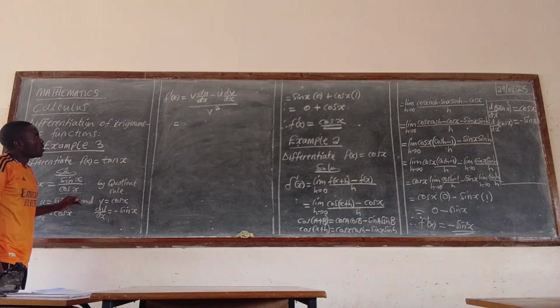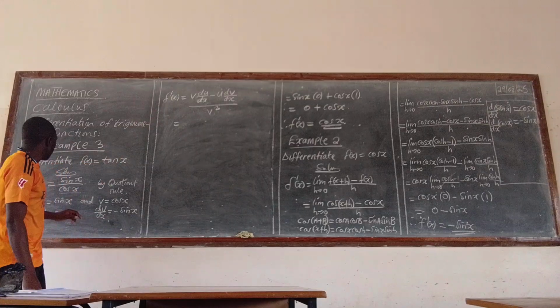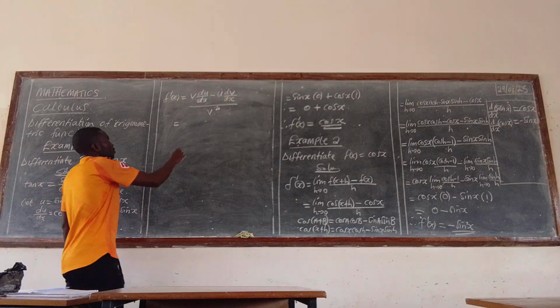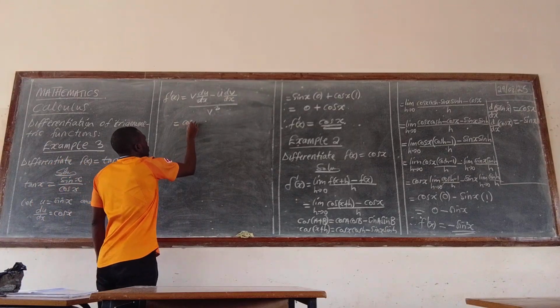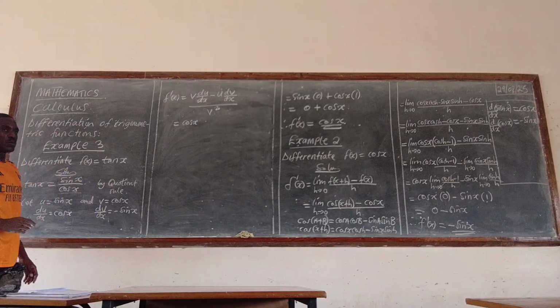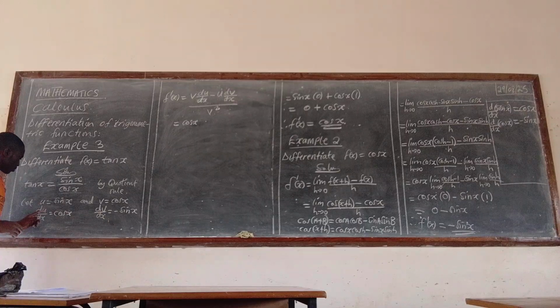Now, what is our v? Our v is the second function, which is cos x. So we're going to write cos x here. Then the derivative of u with respect to x is cos x.